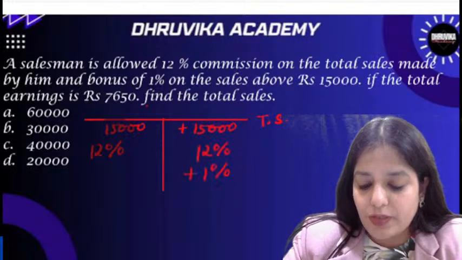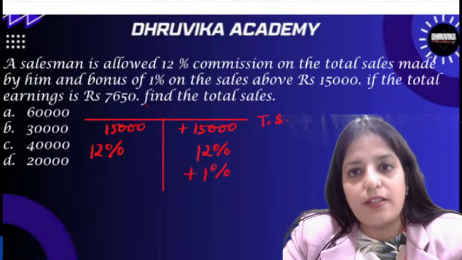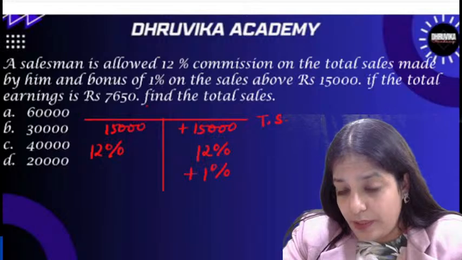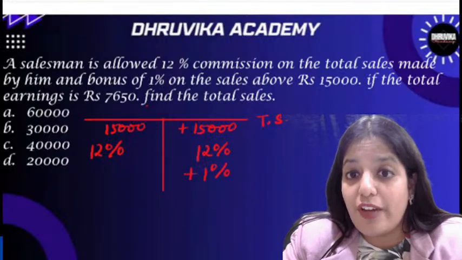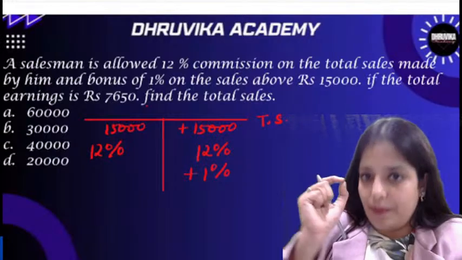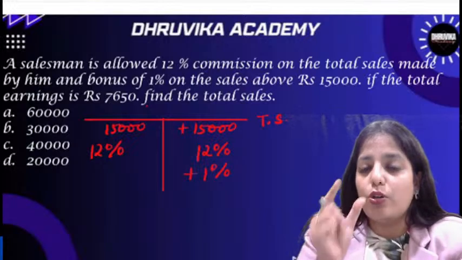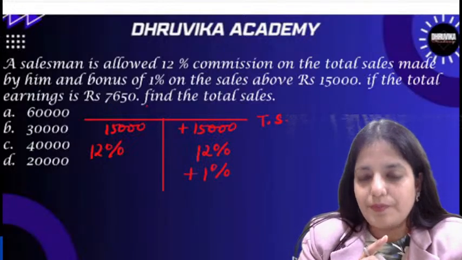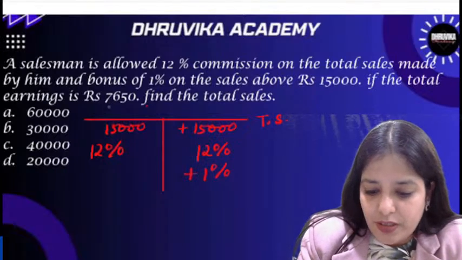So what am I assuming here? I am assuming that the percentage commission on total sales is 13%. If I assume my commission as 13% on total sales, the given commission would increase by some amount.